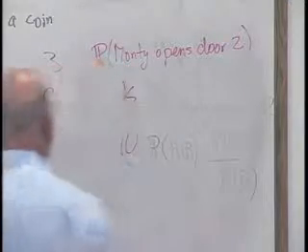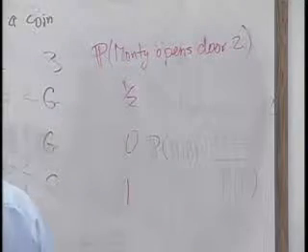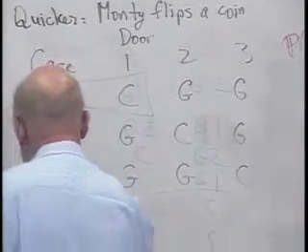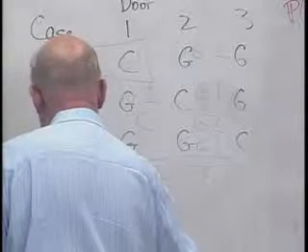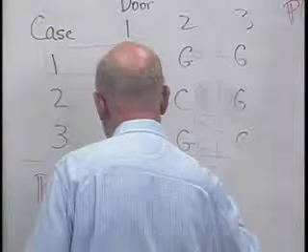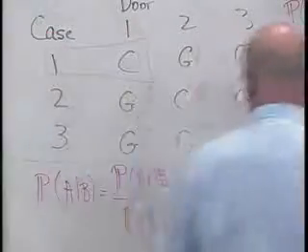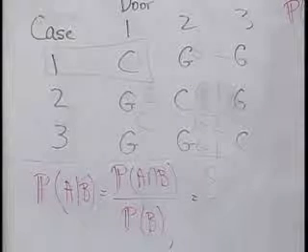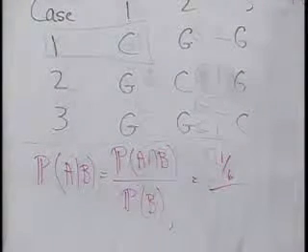0. And what's the probability that he will open door 2 in this case? It's 1. And now the analysis sails through in exactly the same way. The probability that you got the car, given that he opens door 2, is the probability of A intersect B divided by the probability of B. The probability of A intersect B is 1/3 for case 1 times 1/2 for him to open door 2, exactly the same as before.